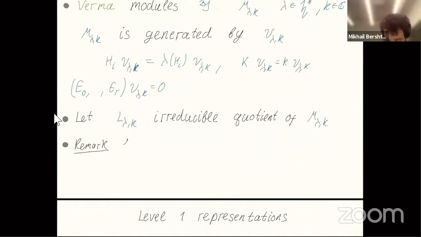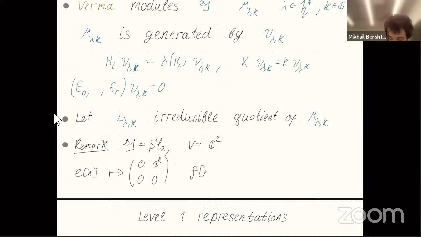So let's take G equal to SL2 and V equal to C2. Then on the evaluation representation, element E_n goes to the matrix 0, 1, 0, 0 times a to the power n, F_n goes to 0, 0, 1, 0 times a to the power n, and H_n goes to a to the power n times the diagonal matrix 1, minus 1.